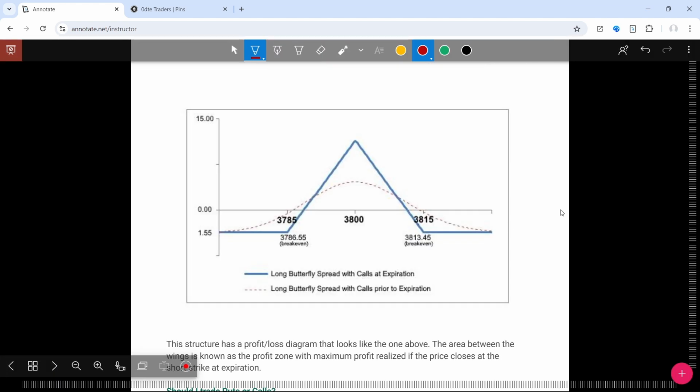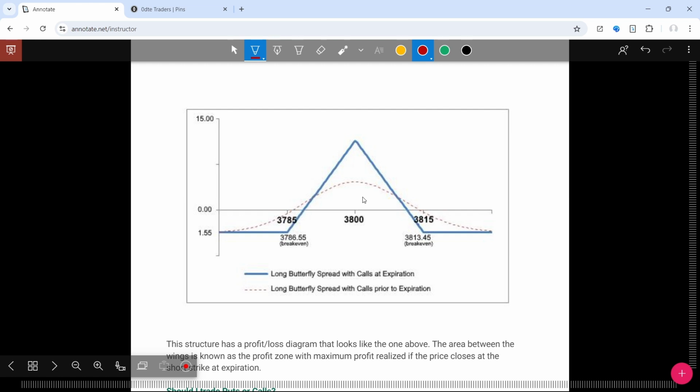And what it comes out to look like is a profit loss curve that is like this. So you have the blue line here, which is the butterfly at option expiration, and then the dotted red line, if you can see that, is the spreads prior to expiration, and obviously that changes as the market moves and as the Greeks change.